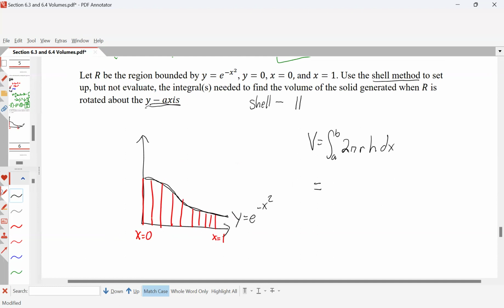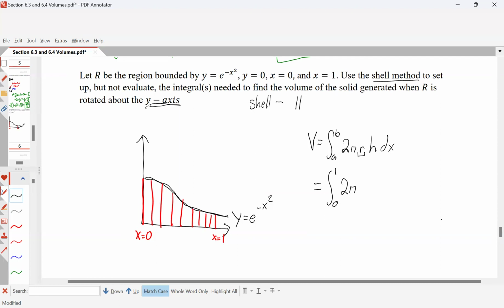So in terms of x, we're looking between 0 and 1. So our integral is from 0 to 1 of 2 pi. R is the distance from our axis of rotation. Here the axis is the y-axis, meaning our axis hasn't moved for us to worry about the radius changing.